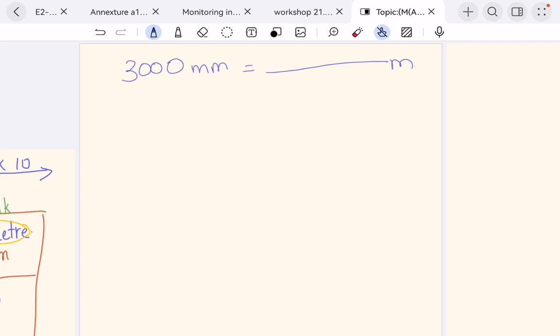Let's see. I'm just going to quickly draw the table of metric units. Okay, so this would be our table.